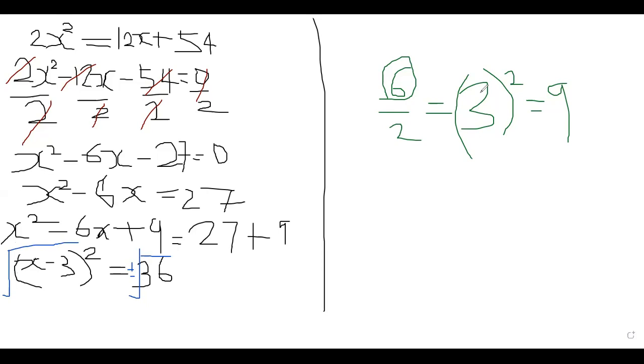Yes, sir. So this cancels this, and that will be x minus 3 equals plus or minus 6.